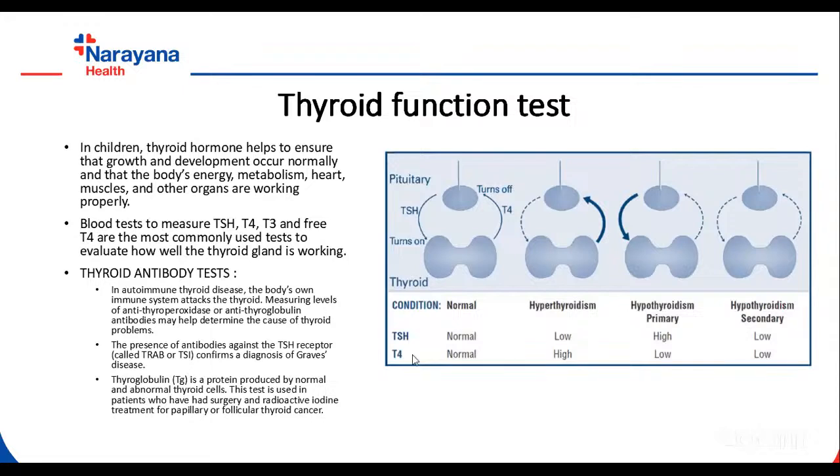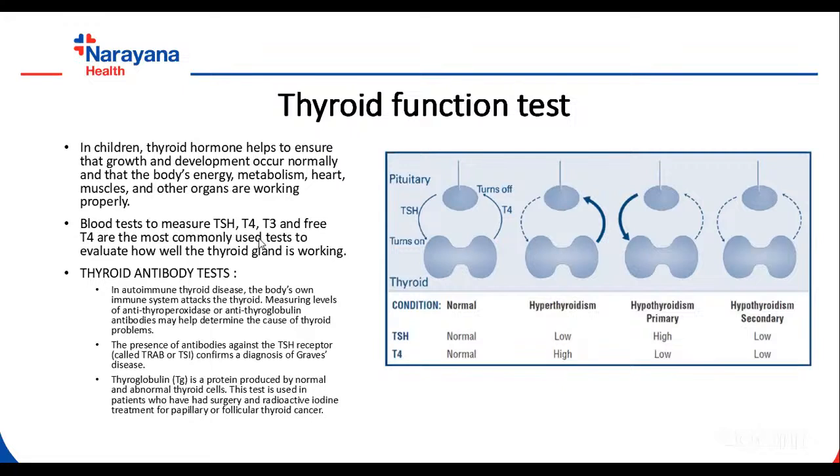Along with that, as you see, in each condition, hypothyroidism will have a low TSH with high T4. Primary hypothyroidism will have a high TSH with low TT4.